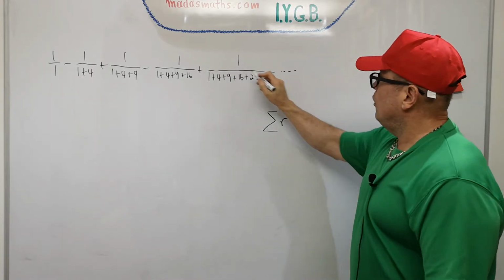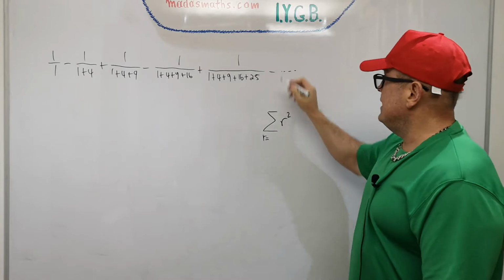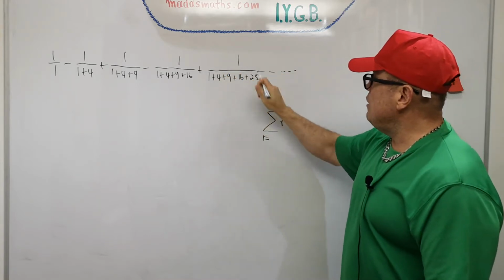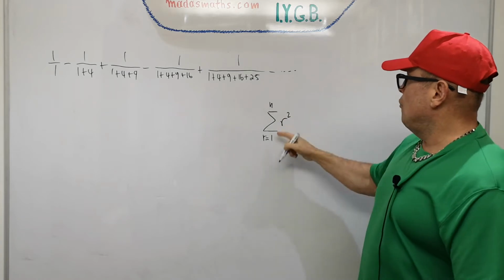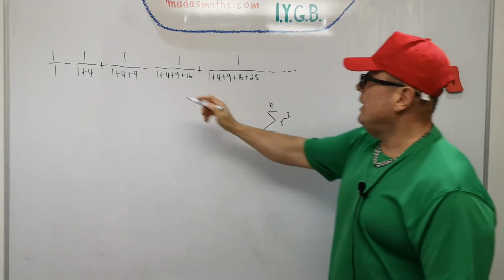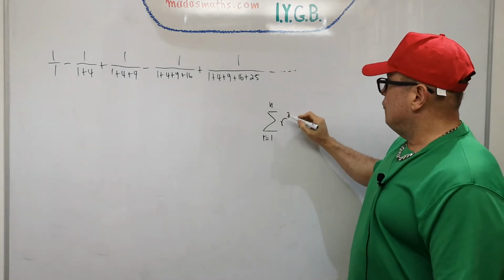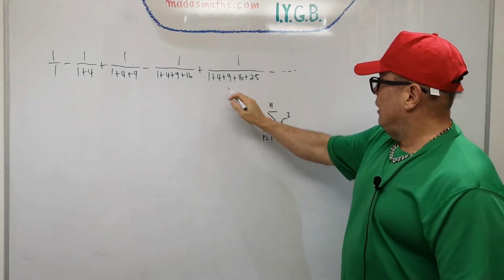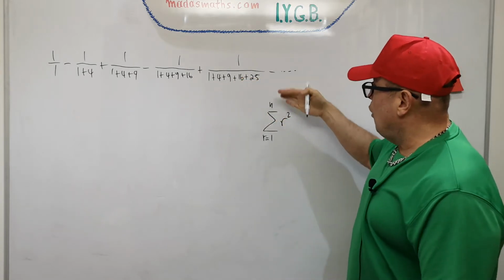This quantity here is of course the denominator, the general term for any of these denominators. So if we start from r equals 1 to n, on the fifth term, let's say 1, 2, 3, 4, 5, when n is equal to 5, it should be of course 1 plus 4 plus 9 plus 16 plus 25, but that's of course on the denominator.